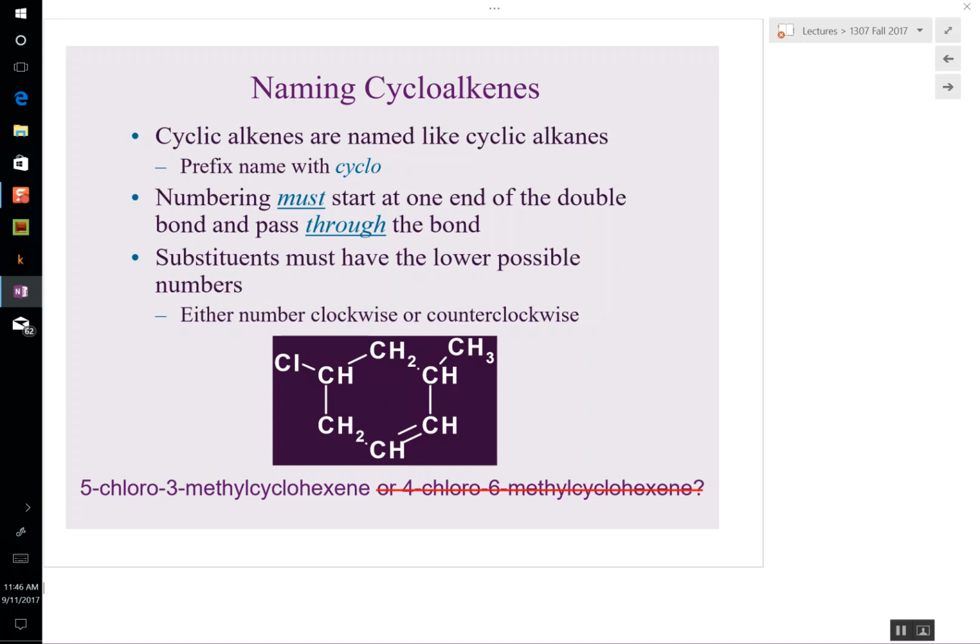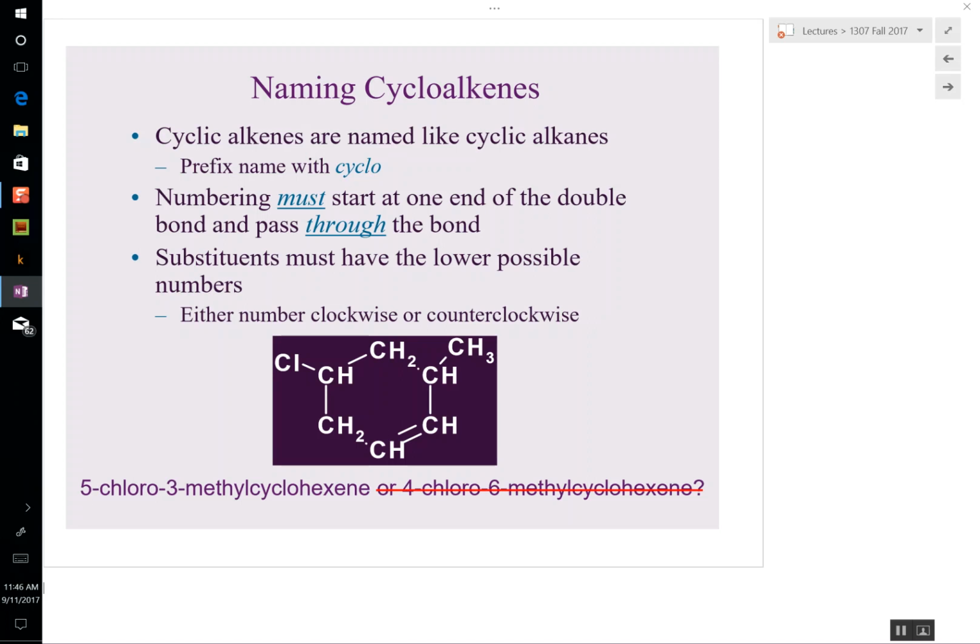If I went this direction, I get 4 and 6 for my substituents, 4-chloro, 6-methyl. But if I go this direction, 1, 2, 3 methyl, 4, 5 chloro, I actually get lower numbers. So I'm going to favor this. This is the correct name.